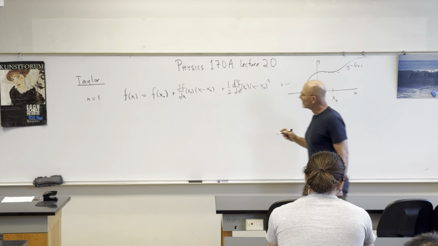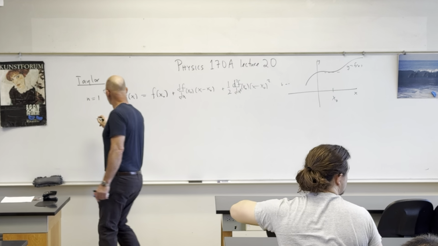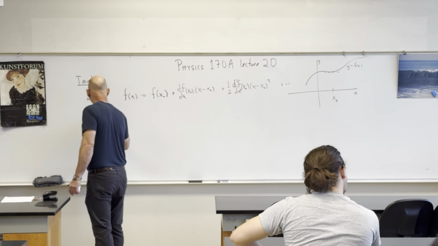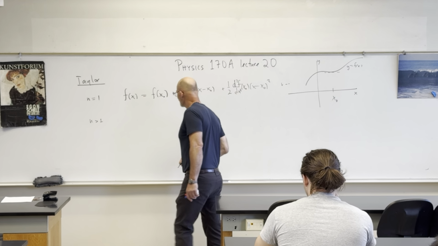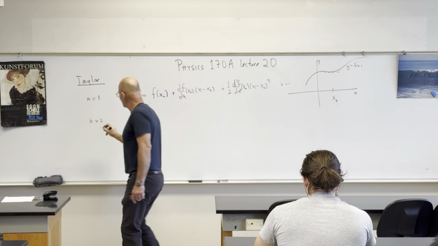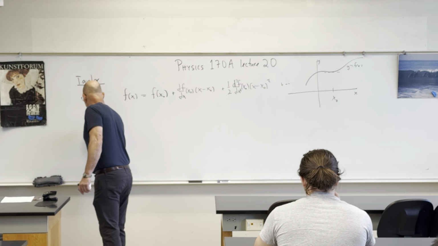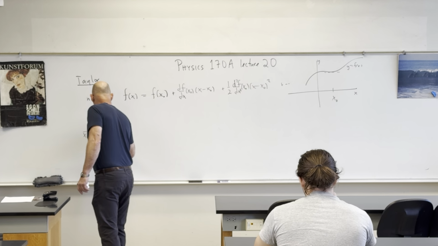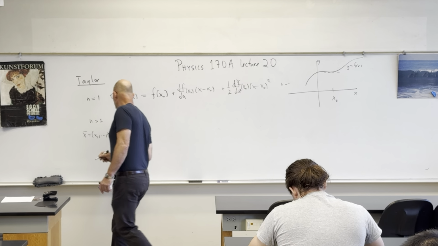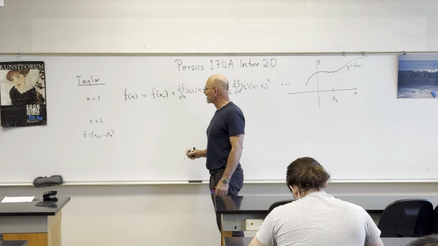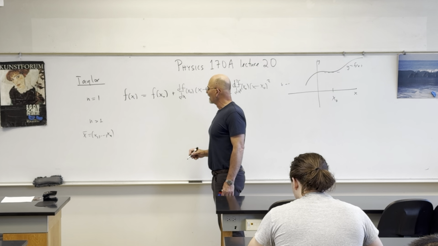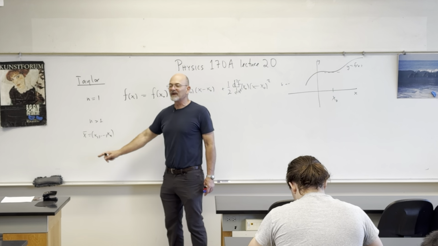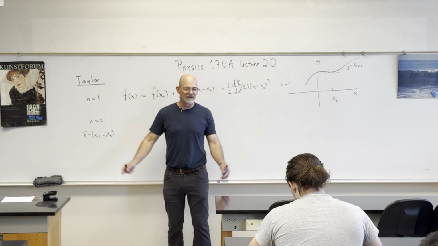So now what about the general n greater than 1? So now we're looking at the vector x. Okay, so we've got x1 to xn. And if it's x1 and x2, we can often just do x and y as well, okay?